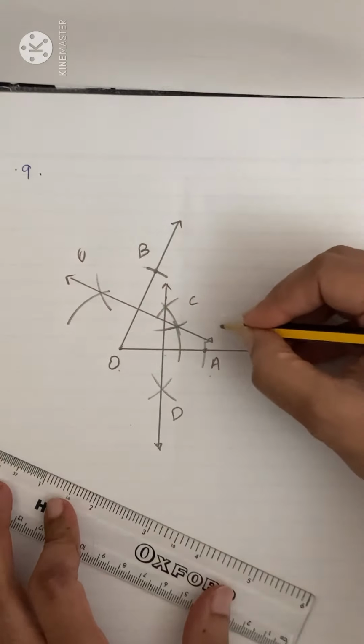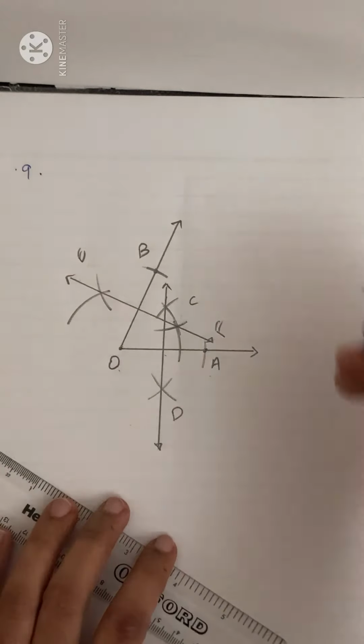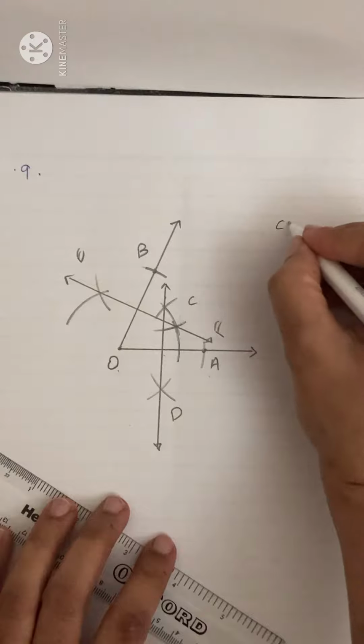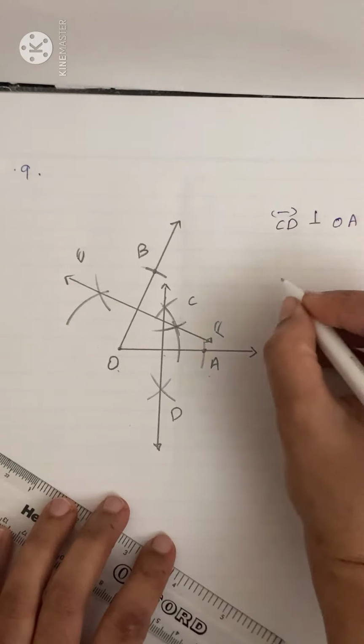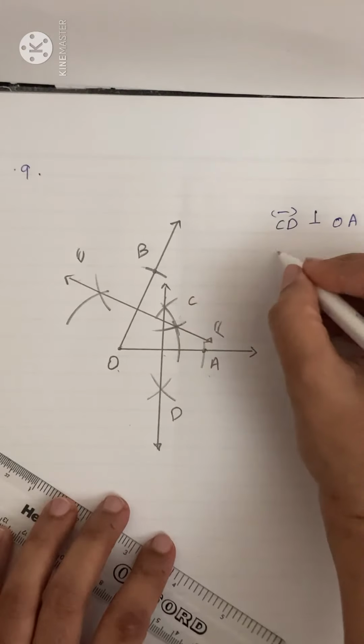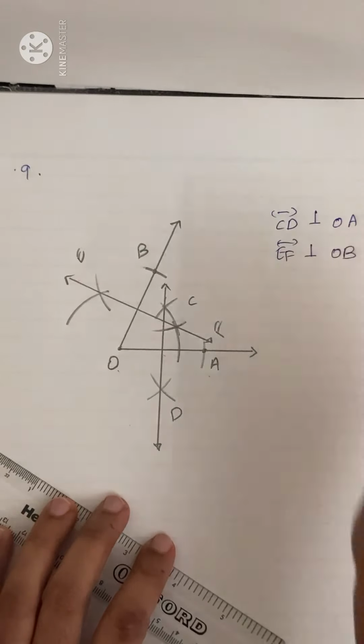Let EF be the perpendicular bisector of OB. So CD is the perpendicular bisector of OA and EF is the perpendicular bisector of OB.